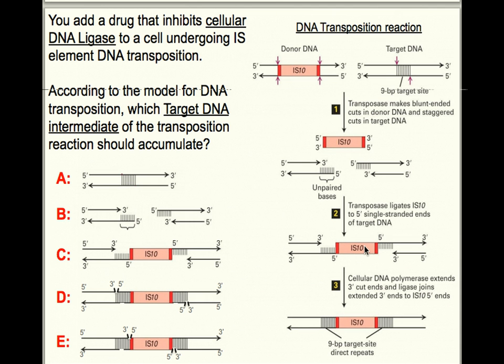So if you've shut off transposase, you can't even cut to begin with, so you end up with what you started with. Take a look at B there. What would you need to modify in order to end up with a product that looks like B? This is kind of a trickier question.